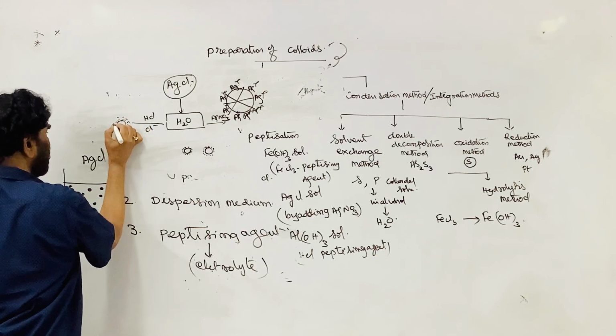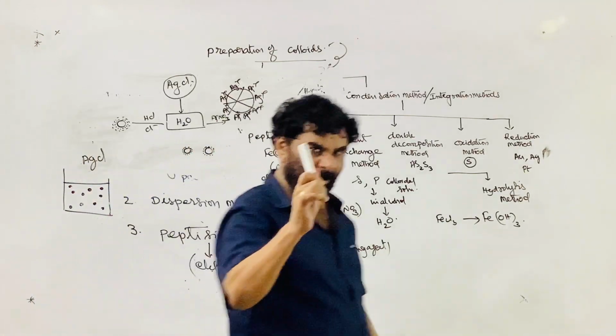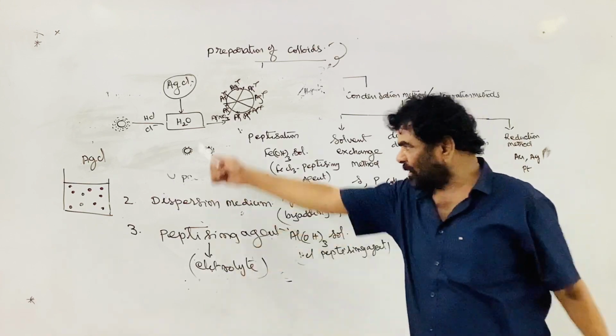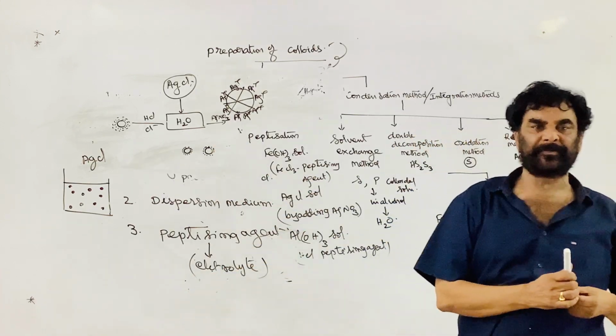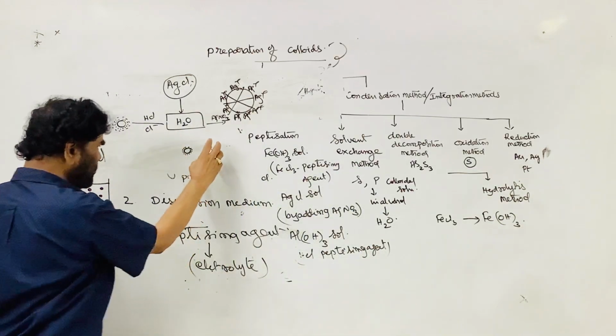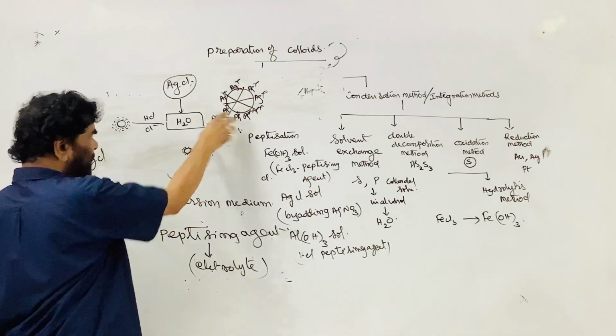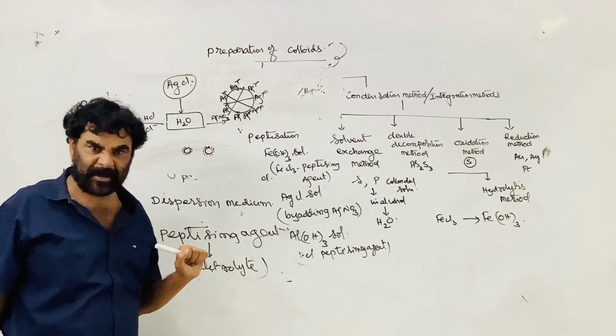Now the colloidal particle is acquiring charge. Colloidal particles are charged particles because of this phenomenon. Once it gets a negative charge or a positive charge, here it gets a positive charge when silver nitrate is added as a peptizing agent.